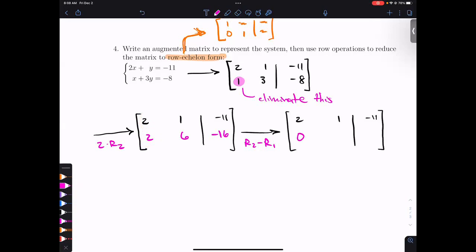And again, that's by design. That's what we're trying to do. 6 minus 1 is 5, and -16 minus -11, so plus 11, is -5.